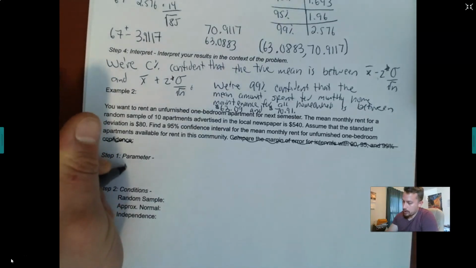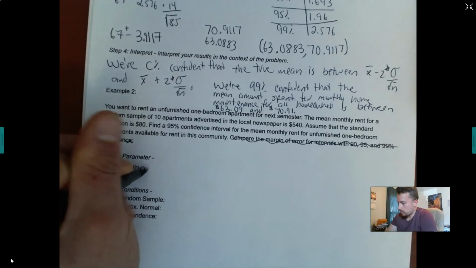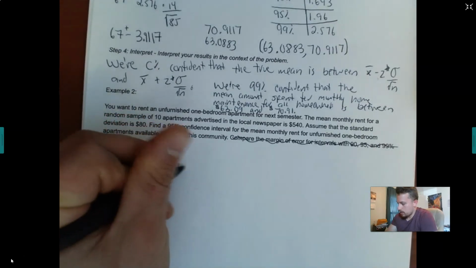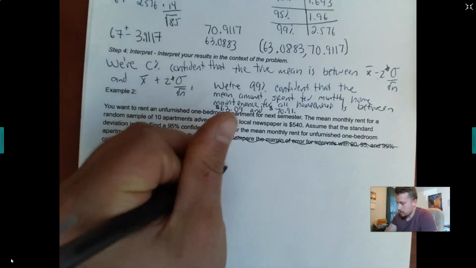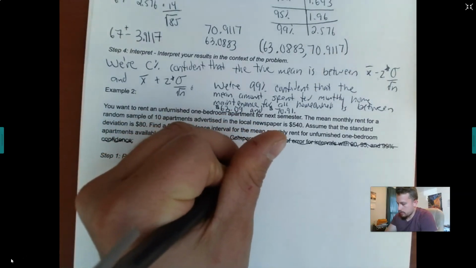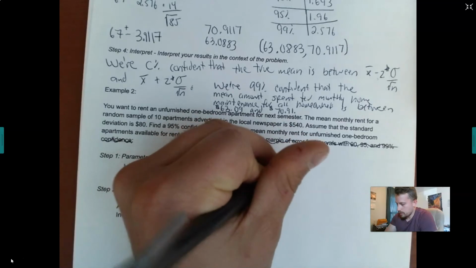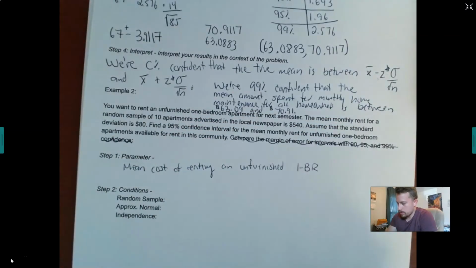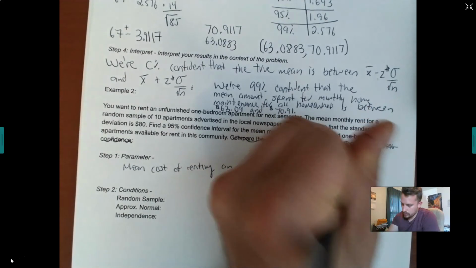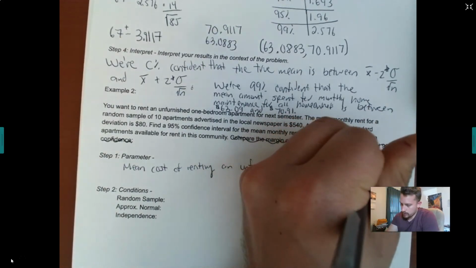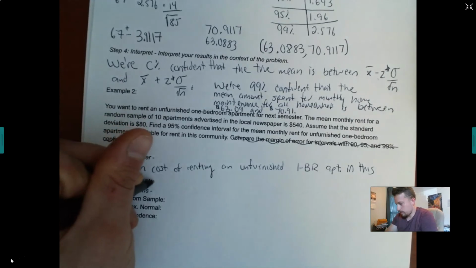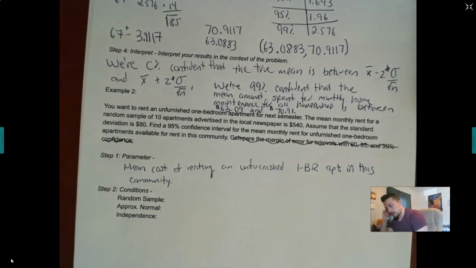So it would be mean cost of renting an unfurnished 1-bedroom apartment in this community. So the population would be the mean. If we had all the costs, right, and we took the mean, of course we're going to estimate because we only have 10. We only have a sample.